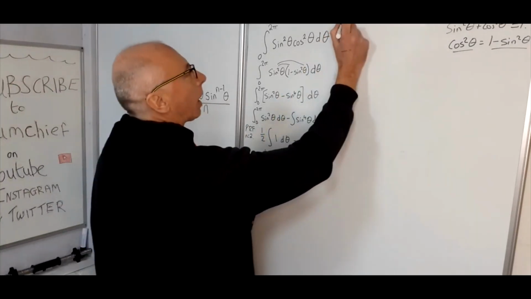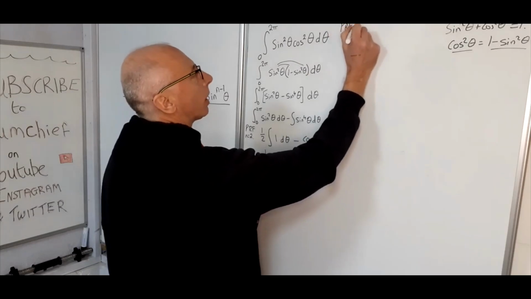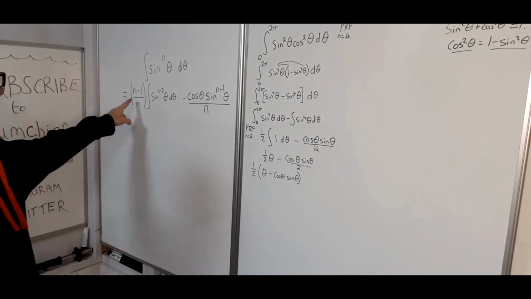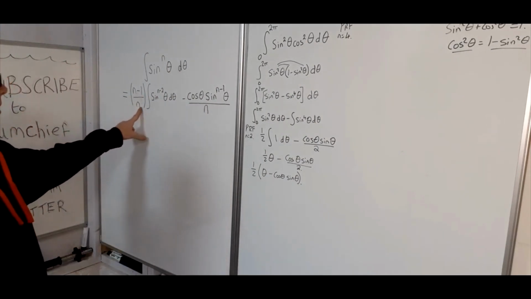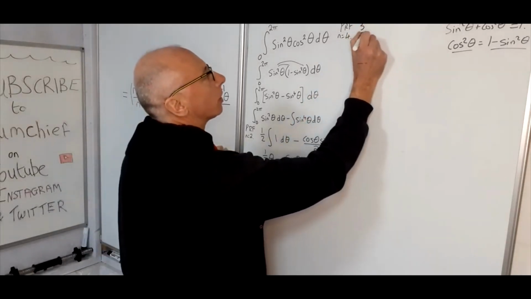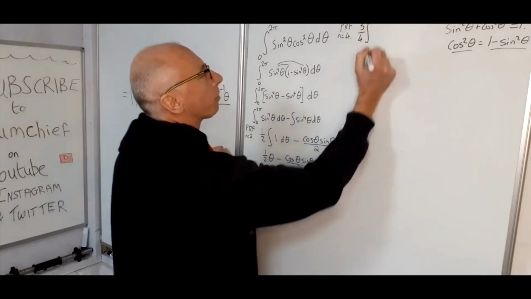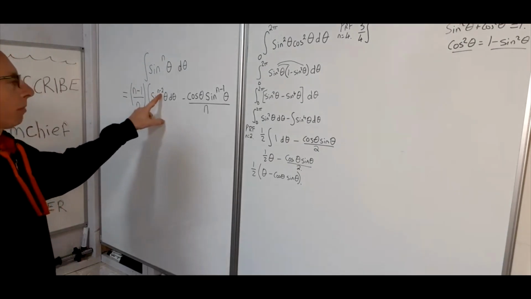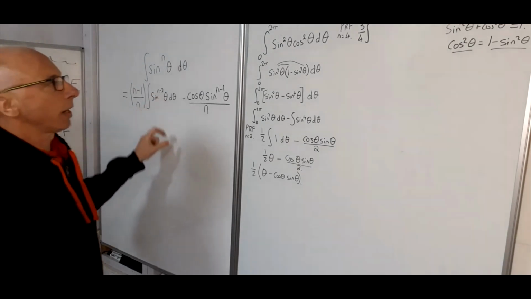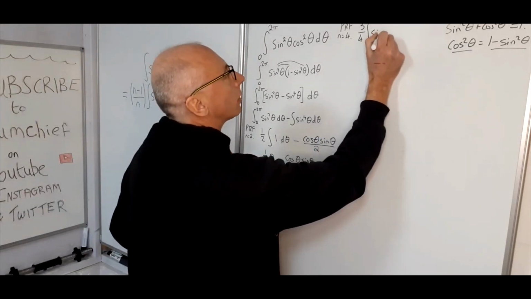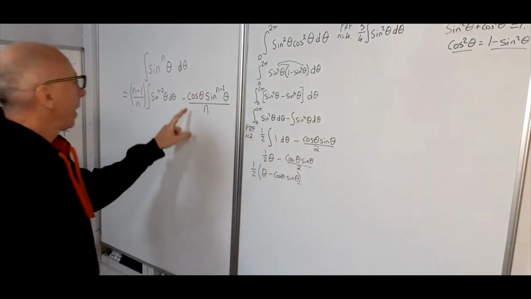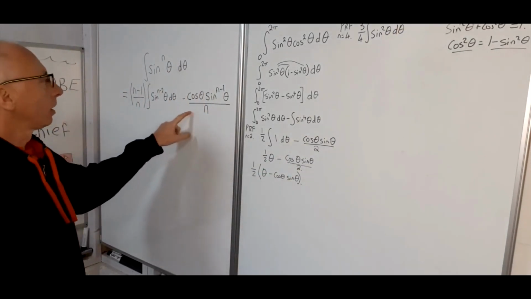So power reduction formula when n equals 4. So n minus 1 over n, that's going to give us 3/4 now. And then the integral of sine to the n minus 2 theta. Well, n is 4, so that's going to give us sine squared theta d theta. And then minus this term here.